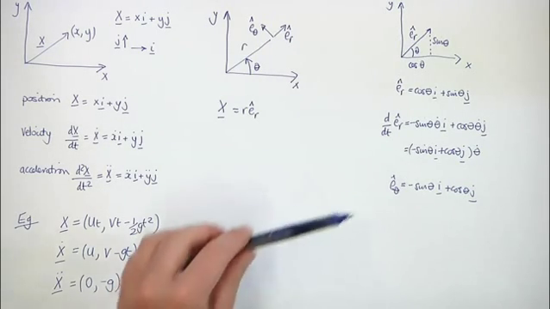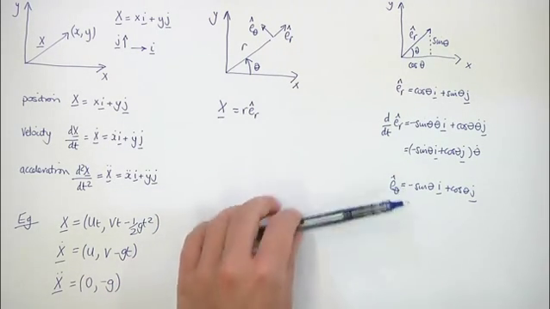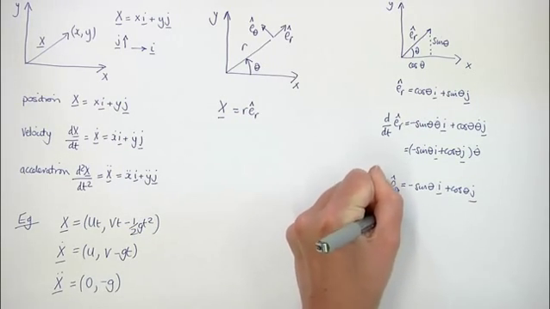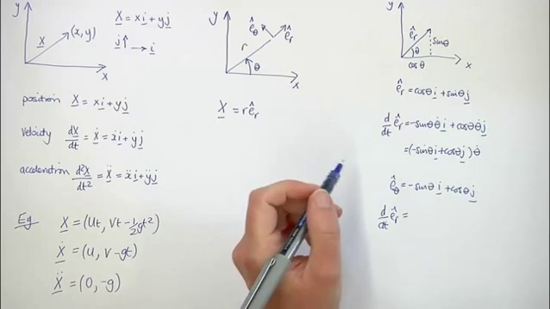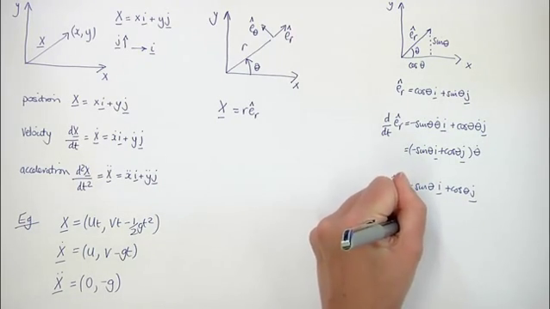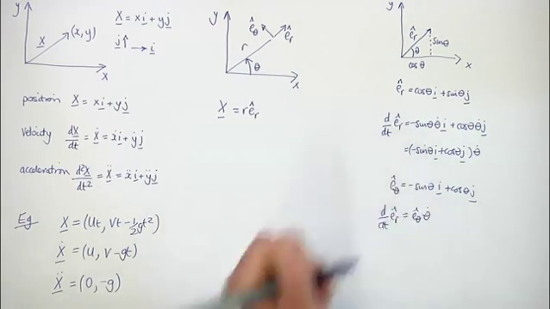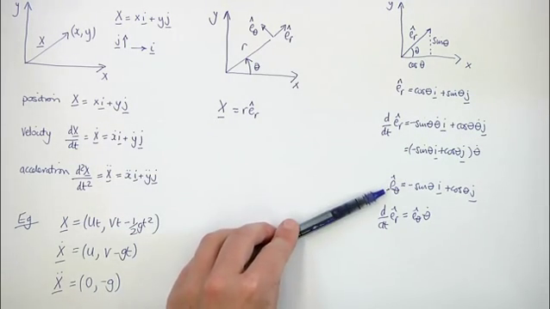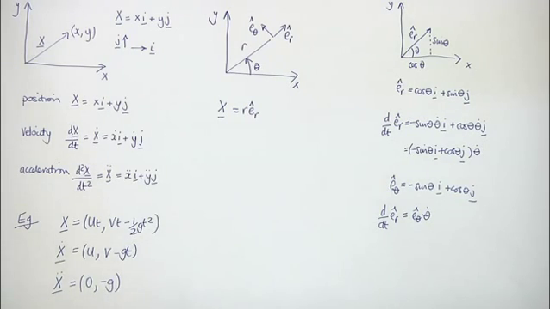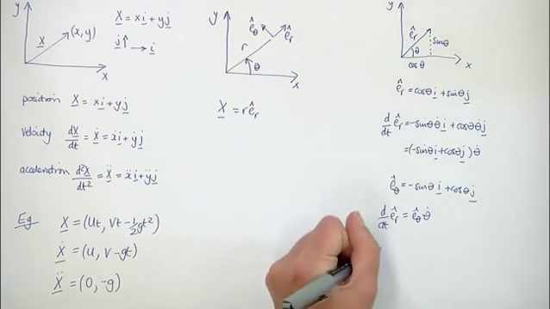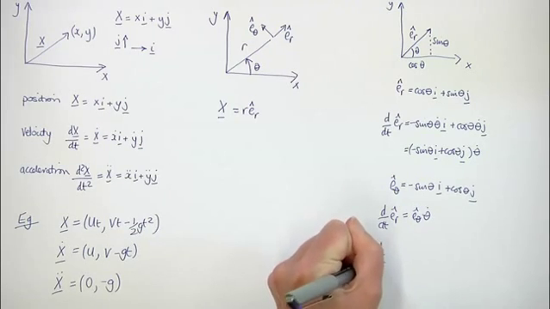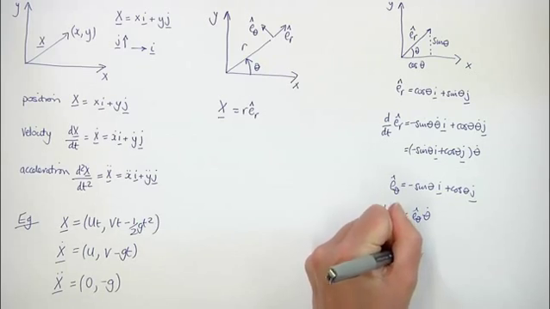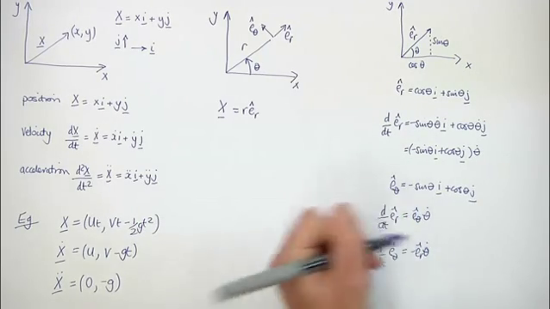And then we can see that this term is equal to that term, so d by dt of er hat is equal to e theta hat theta dot. And similarly, if we differentiate this term with respect to time, we get another relationship, which is d by dt of e theta hat is equal to minus er hat theta dot.